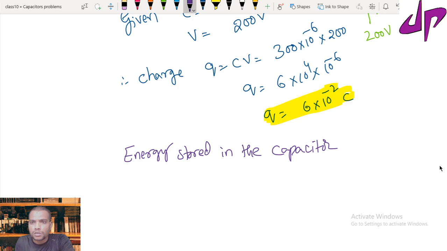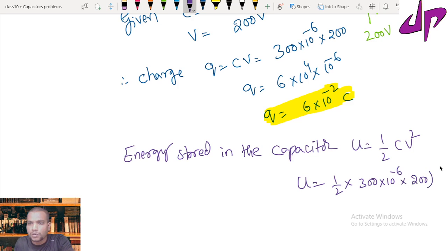Potential energy stored U equals half CV square or half QV. It depends upon the values we are having, so I can use half CV square. Half, and capacitance is given 300 micro, 10 power minus 6, and for potential, that is 200 volt, that is 200 square.